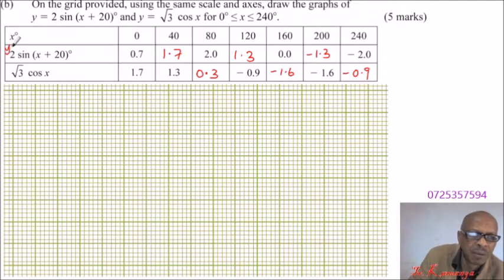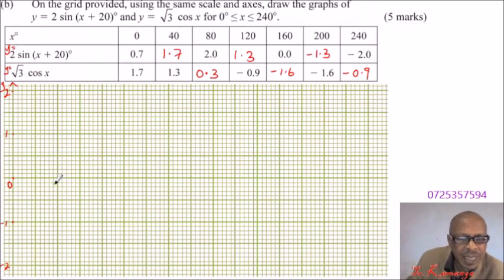The highest value of y is 1.7 in the first one, and the lowest is minus 2. For the other one, the highest is 1.7 and the lowest is minus 1.6. So on the grid, we take this as 1 and this as 2 on our y-axis. On the other side we have minus 1 and minus 2.